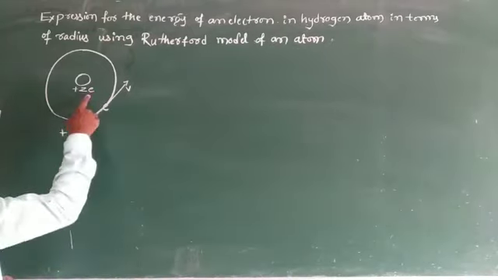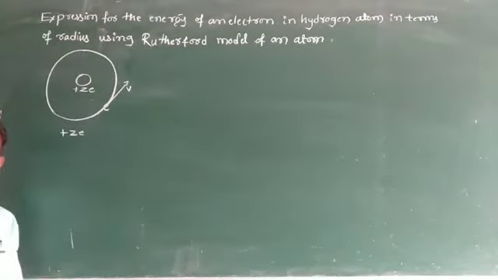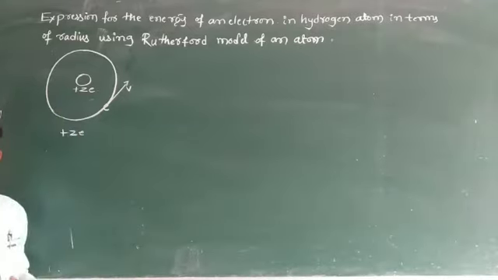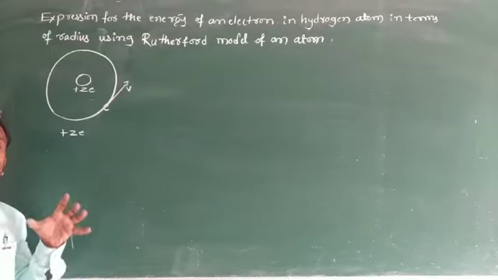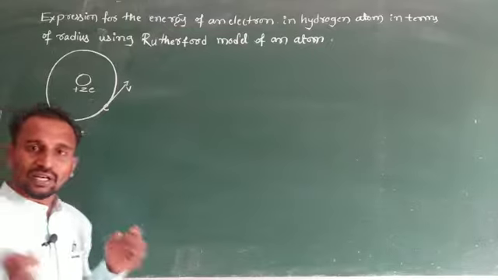Here e is the magnitude of the charge, whether positive or negative, and Z is the atomic number. The atomic number is nothing but the number of protons present in the nucleus.